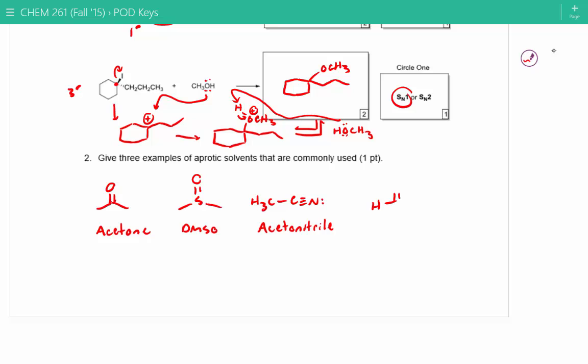So DMF looks like this. Another one we had was THF, which looks like this. It's an ether. And there are a handful of others that you may run into in the textbook. But what's the key feature with polar aprotic solvents? Cannot hydrogen bond.